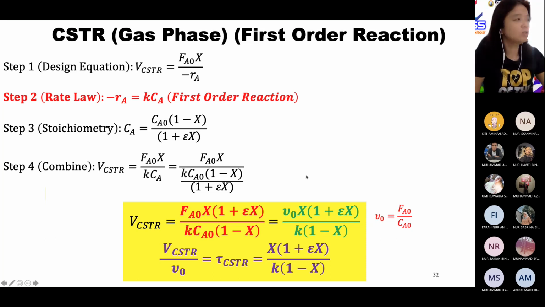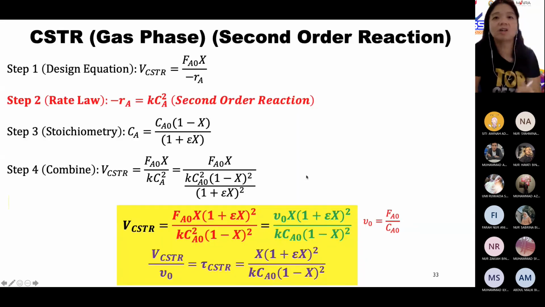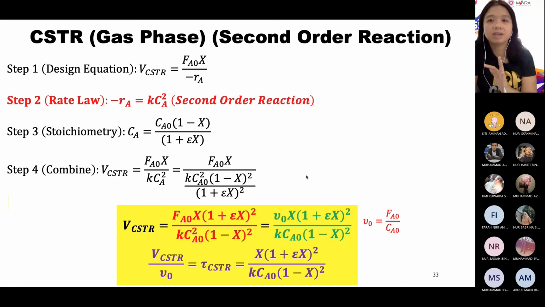Right. So next one we go to second order. So second order apa beza dia? Dz equation masih sama, concentration pun masih sama. Asalkan you don't change the phase, it's the same phase, concentration remain the same. You didn't change the reactor, design reactor masih sama.